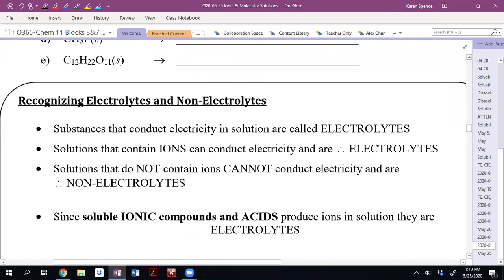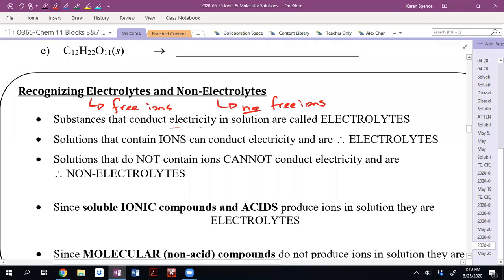Finally, recognizing electrolytes. Remember, electrolytes have free ions, and non-electrolytes have no free ions. So substances that conduct electricity in solution are called electrolytes.